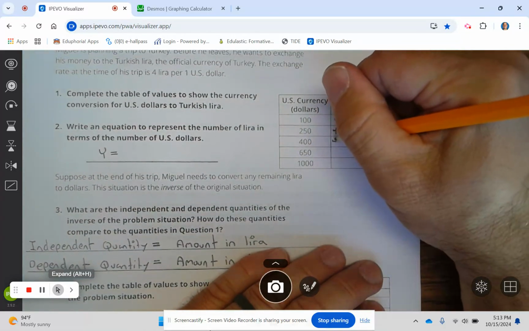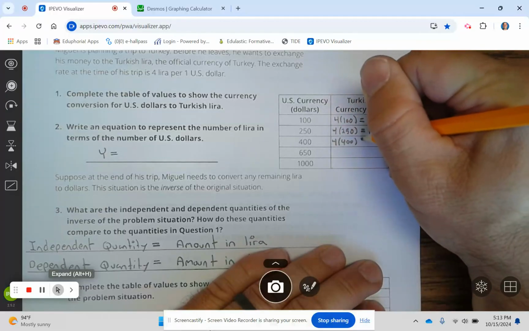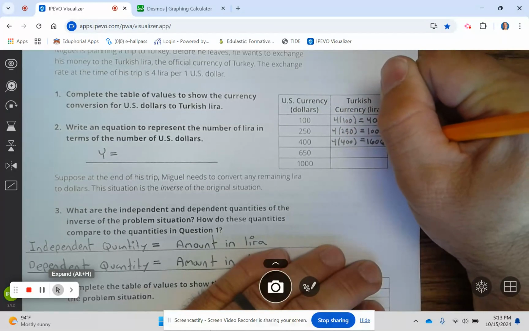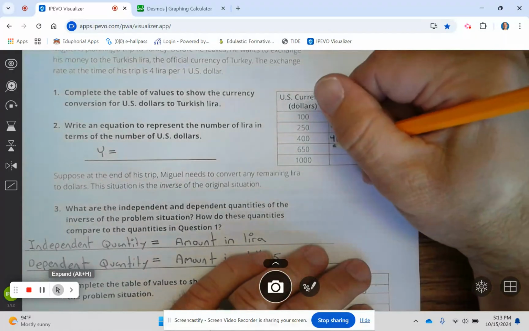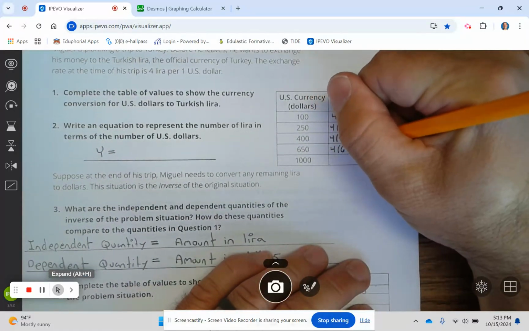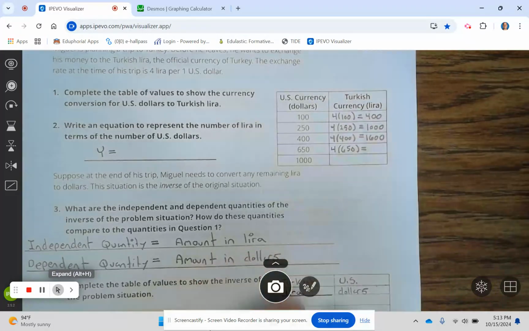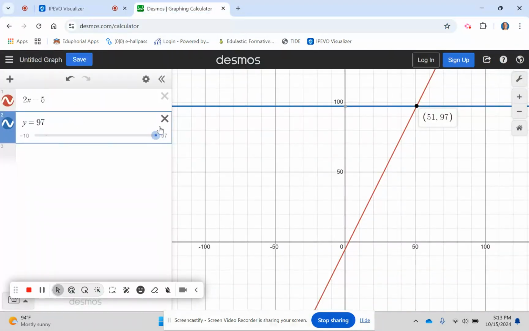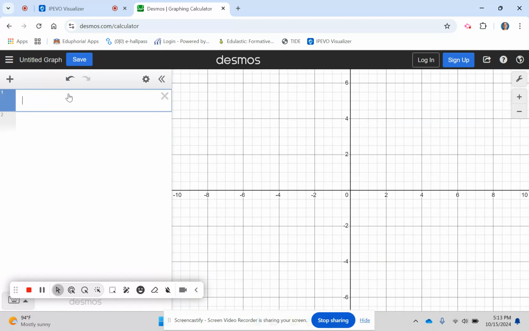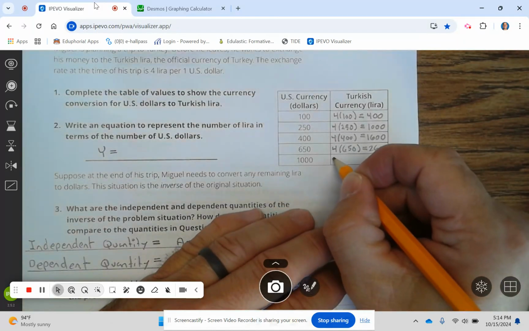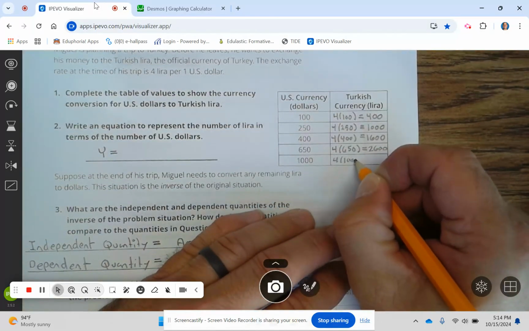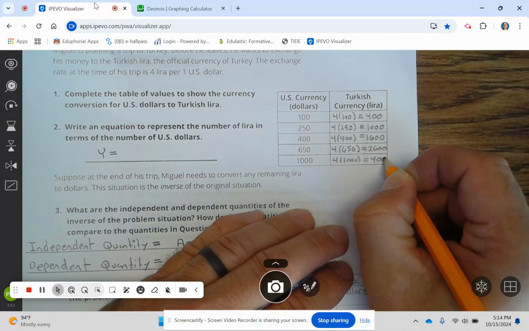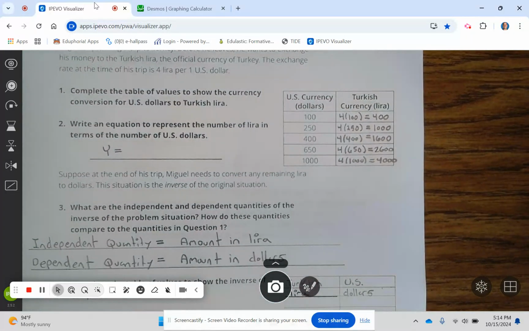And then this will be 4 times 400, which equals 1,600. 4 times 650, which I don't know off the top of my head, so we can just go to Desmos and do 4 times 650 is 2,600. Okay, and then 4 times 1,000 is 4,000. All right, go ahead and complete the table.